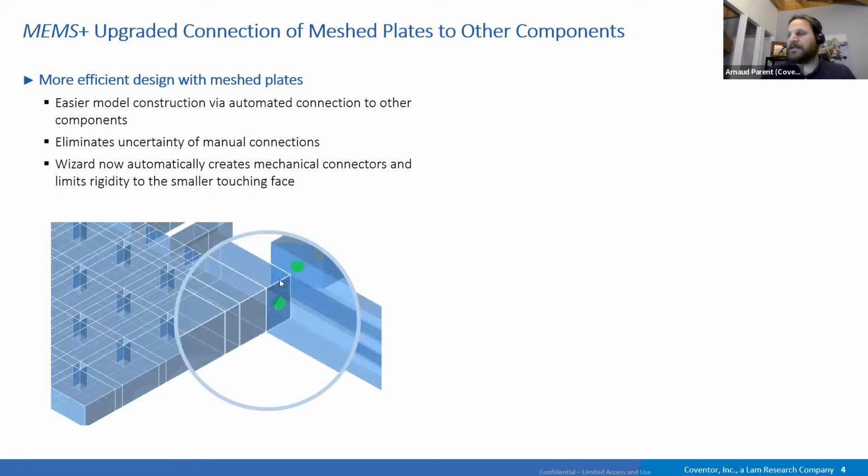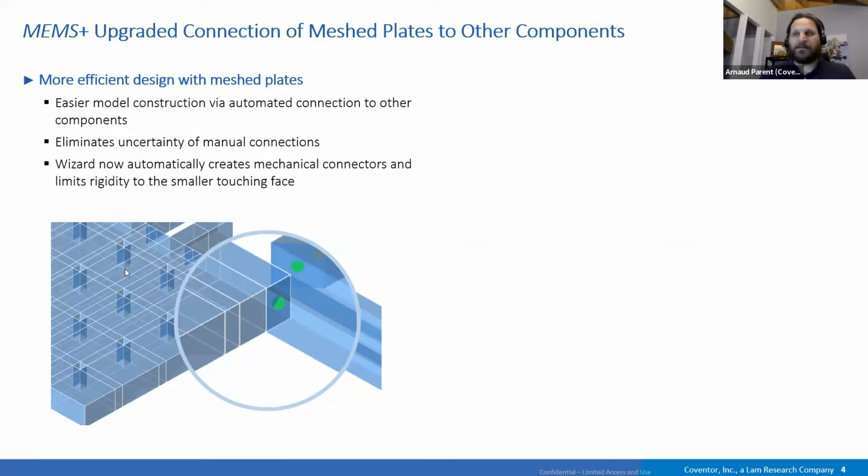Basically, you have the plate and, for example, a Timoshenko beam of a suspension you want to connect to this plate. The way it works today, you just have to have the two objects touch each other, and the face of the suspension will imprint the meshed plate, and a mechanical connector will be automatically added to the mesh plate and connected to the Timoshenko beam.